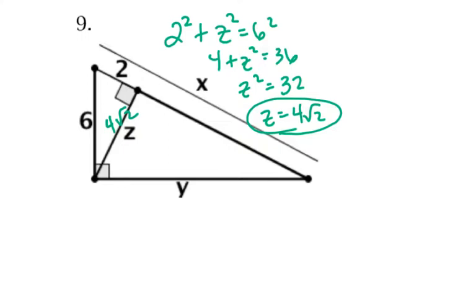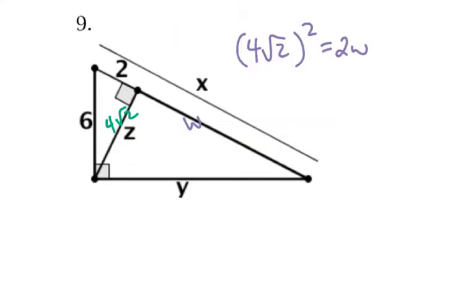I'm going to now erase that work so I can show you the other ones. To find x, that's this whole entire piece, and so I don't have enough information right now to do that, so I'm just going to call this little piece of it w from here to here. So if I do this squared, it's equal to 2 times w. That's exactly the same thing as saying 4 square root 2 is equal to the square root of 2 times w.